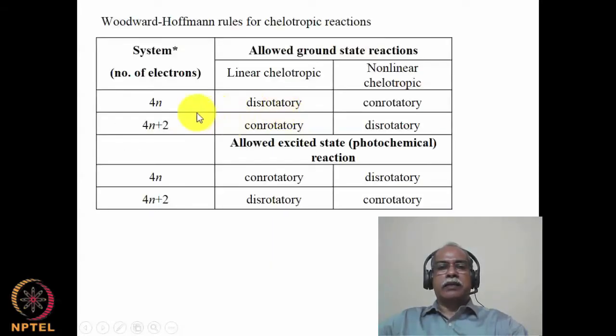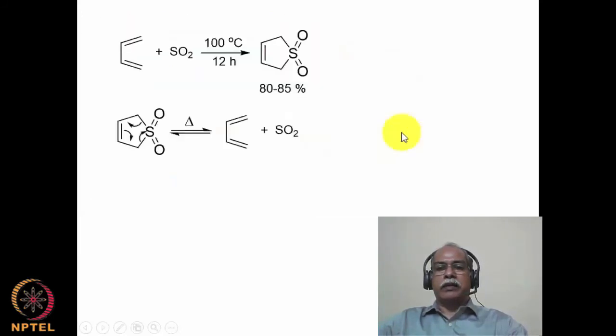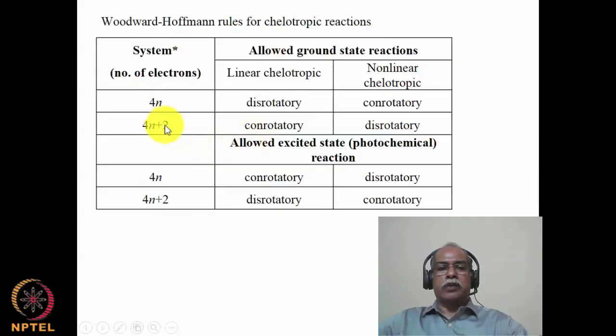So if you look at this reaction, a 4n plus 2 electron system, the disrotatory process is followed. So it has to be a nonlinear cheletropic reaction. This is a 6 electron system involving 2 pi electrons, 2 sigma electrons and 2 sigma electrons. Overall it is a 6 electron system, so it is a 4n plus 2 system.